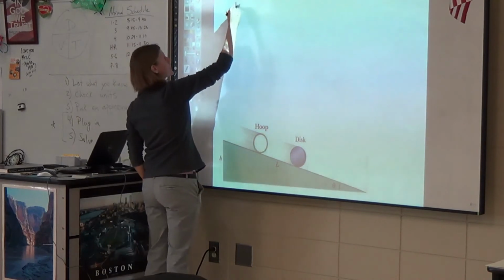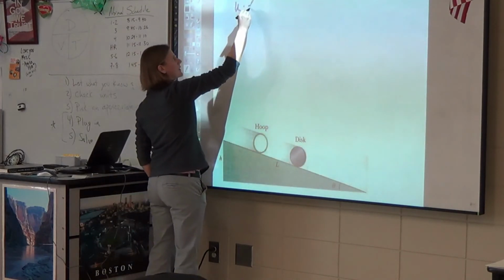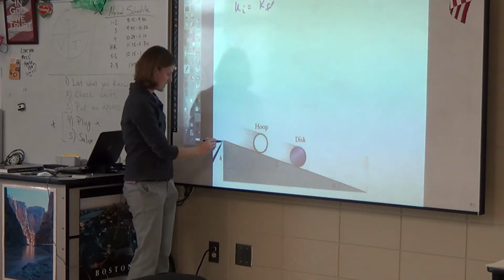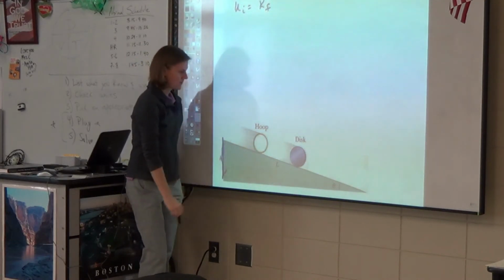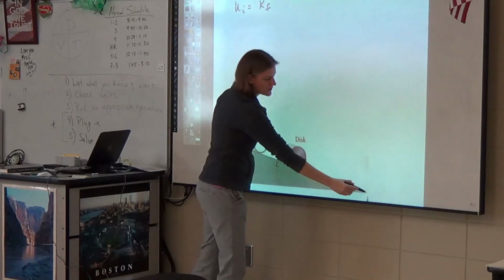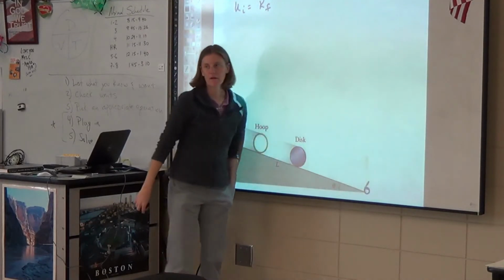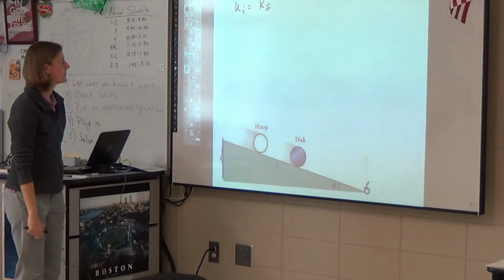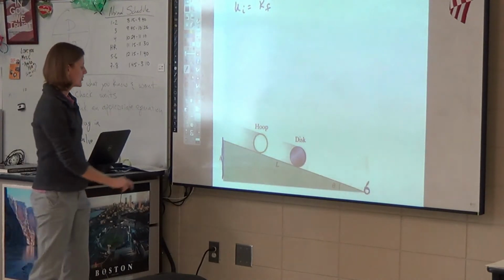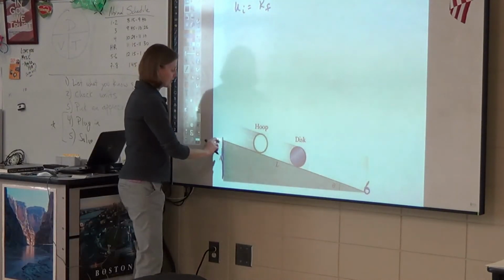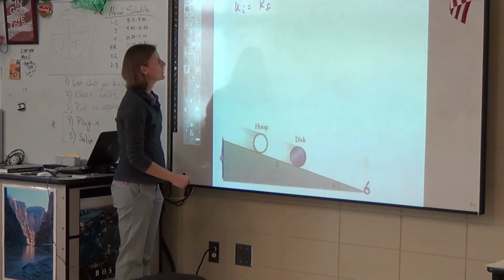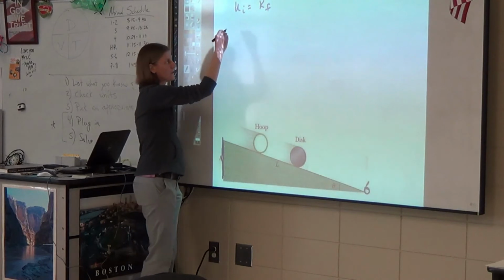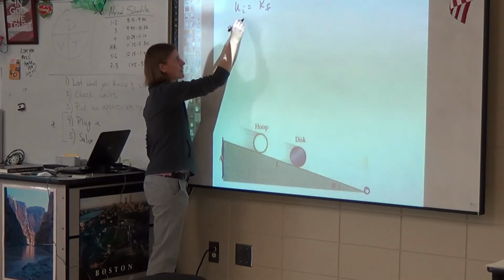So in this case, we're just saying the initial potential up here should turn into all kinetic at the bottom. But of course, that kinetic is two types of kinetic, rotational and linear. So we should start off with the same potential energy, which would be, what is our potential energy formula? mgh.